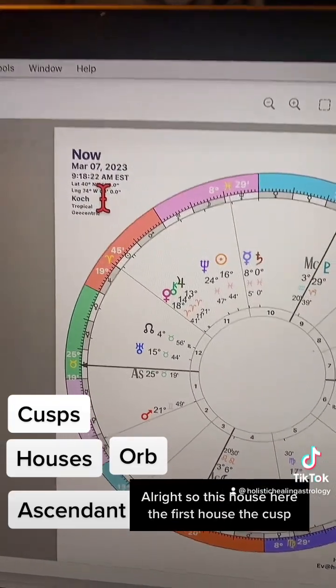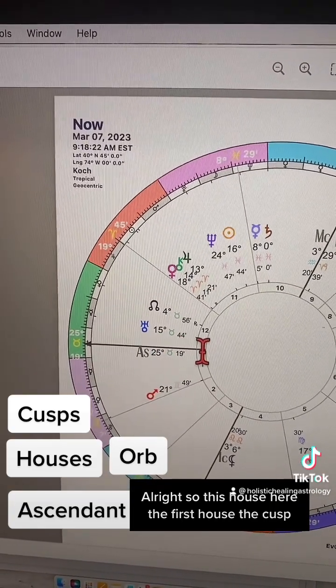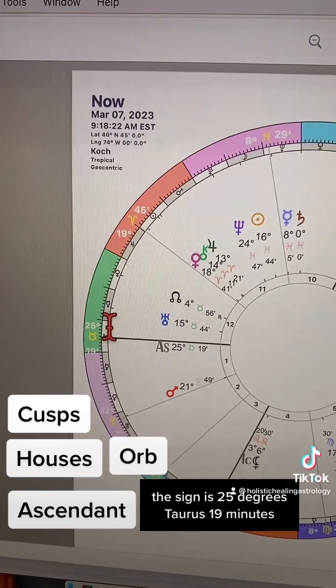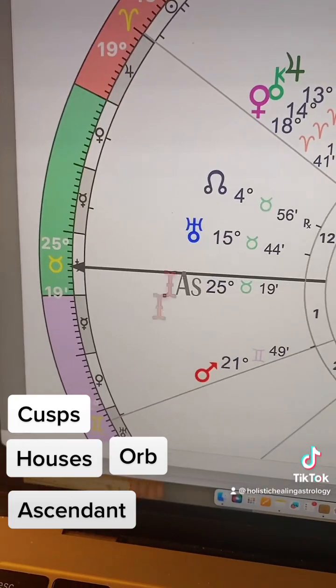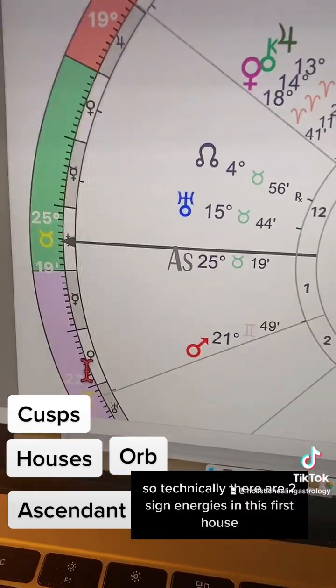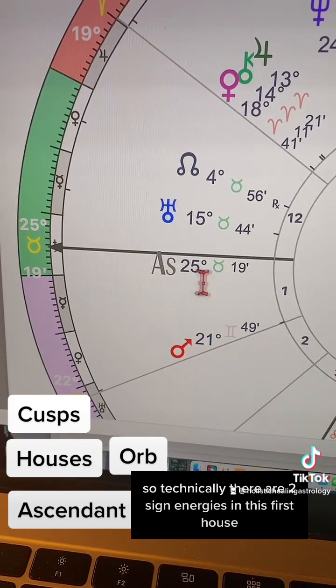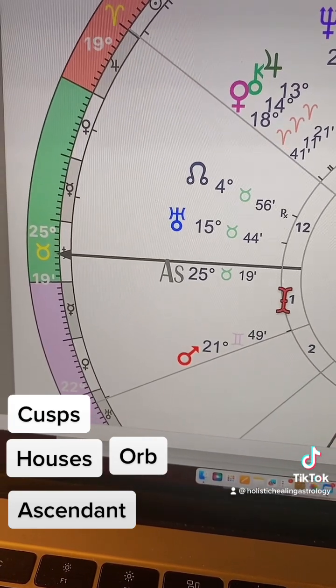All right. So this house here, the first house, the cusp, the sign is 25 degrees Taurus, 19 minutes. But then we go into Gemini. So technically, there are 2 sign energies in this first house. 2 sign energies.